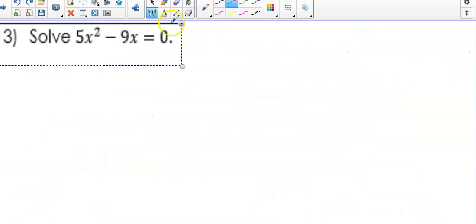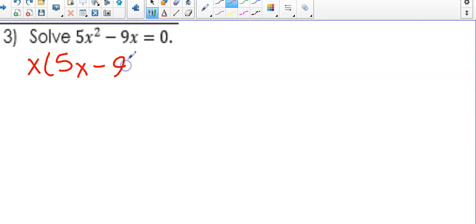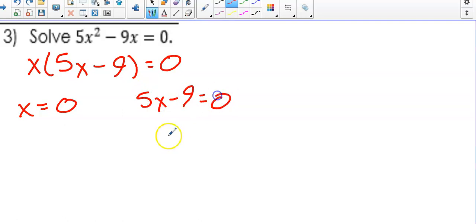Next, we are in standard form, so our equation equals 0. So I'm going to look for GCF first. So I look at this, and I notice I can factor out an x from both of these. So when I factor out x, that gives me 5x minus 9. Now I set my factors equal to 0. So x equals 0, and 5x minus 9 equals 0.